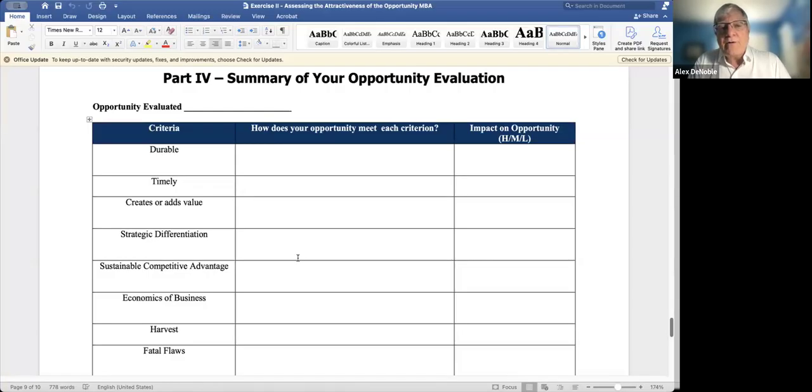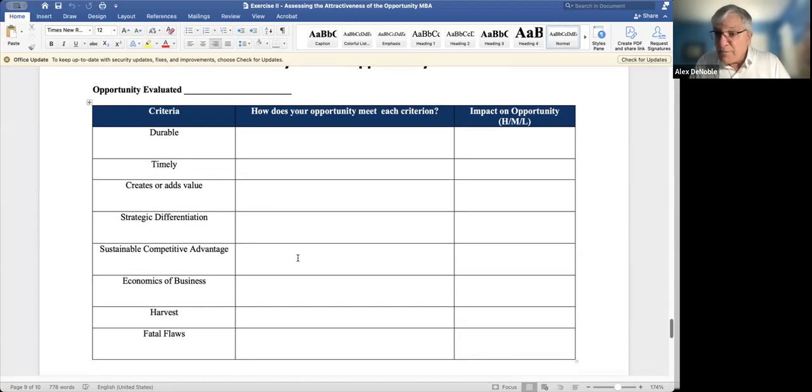How durable do you think your idea could be? And what impact will that have on your ability to tell the story about your business? Is it timely? Why do you think it's timely? Or how do you get around a late-to-the-market kind of business play?